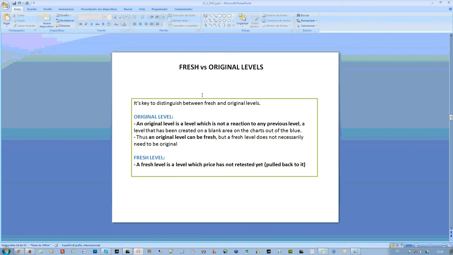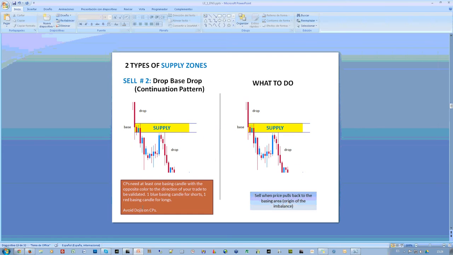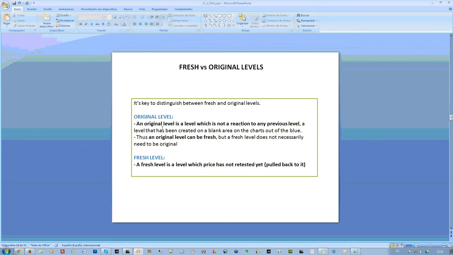We have two kinds of levels, okay? But apart from this, we need to distinguish how fresh or how non-fresh a level is, because that will be crucial in order for us to decide if we want to trade that level or not. So there are two kinds of levels.